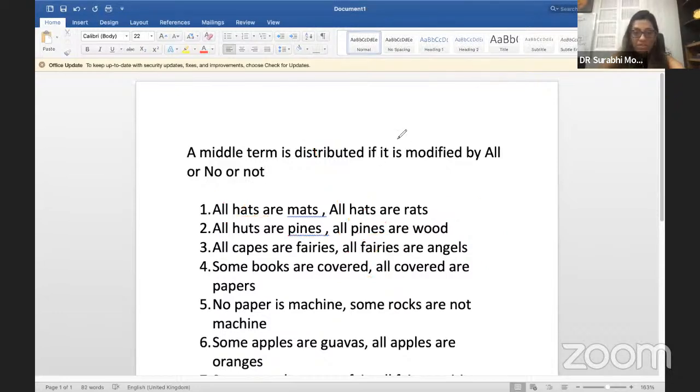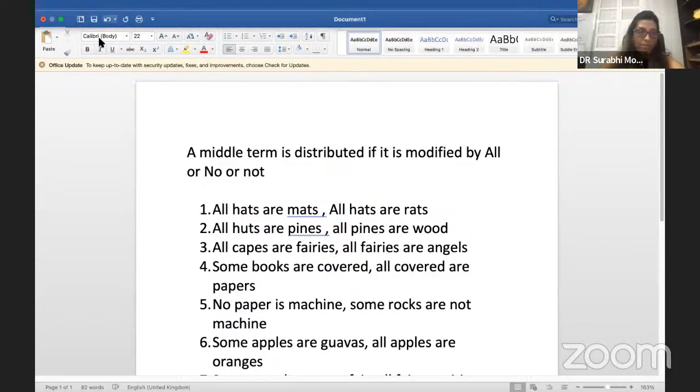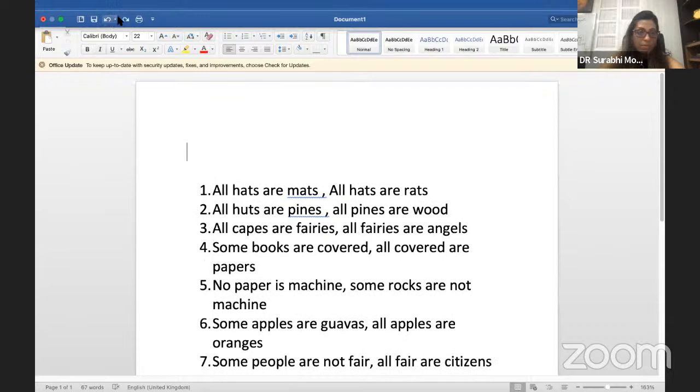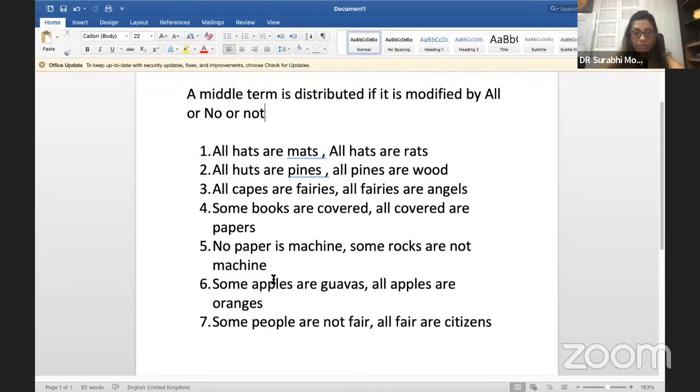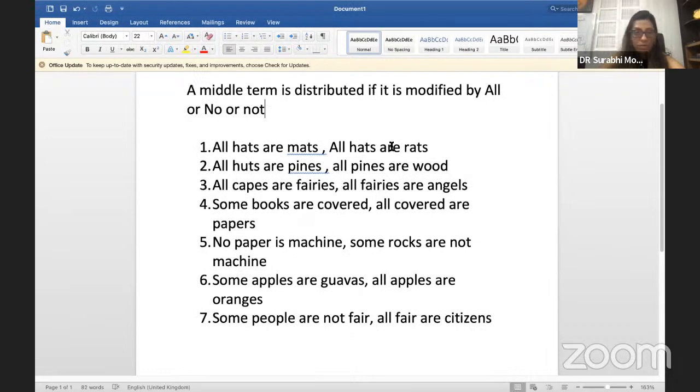Now, please write yes in the chat box if you understand what I just did. A middle term is distributed if it is written with all or no or not.